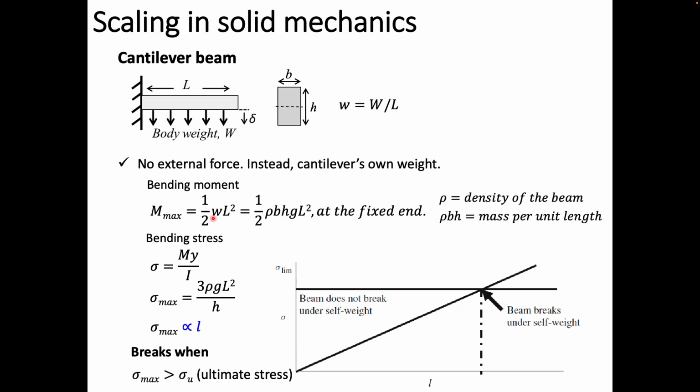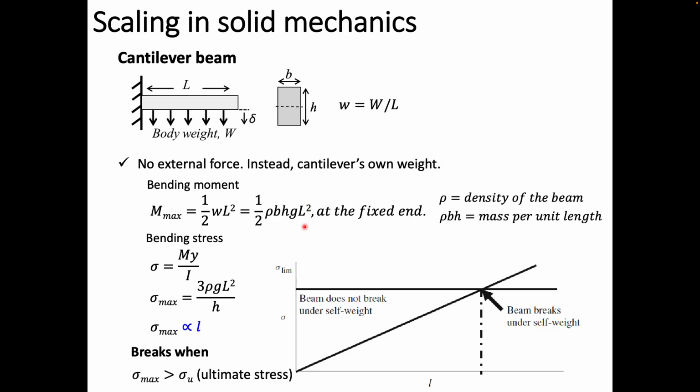So wL is essentially acting at the center, and then you can easily obtain this bending moment. Small w, the weight per unit length, is density times BH, and because it's per unit length, we don't multiply by L, which turns out to be here.